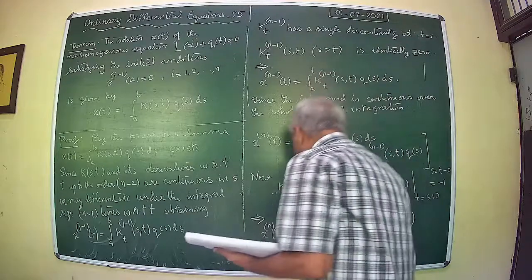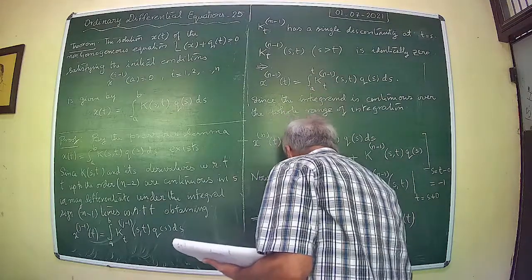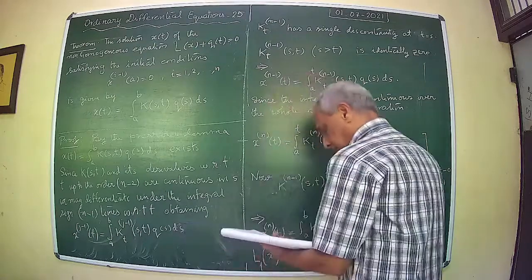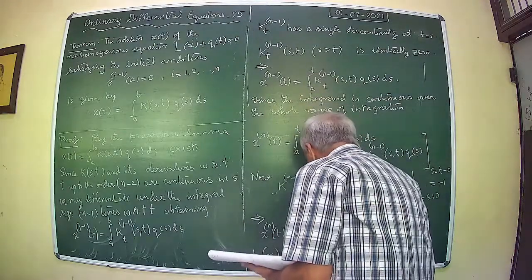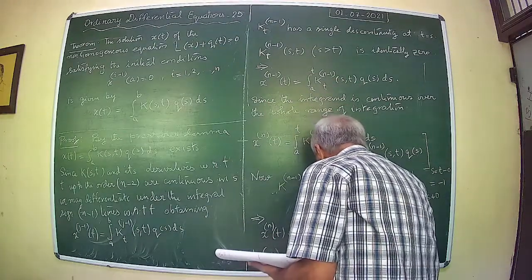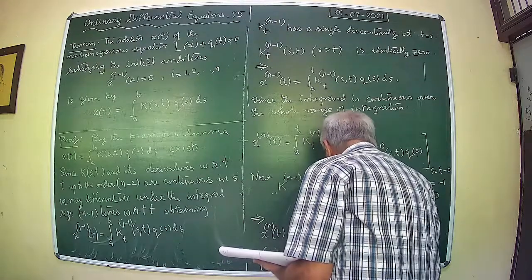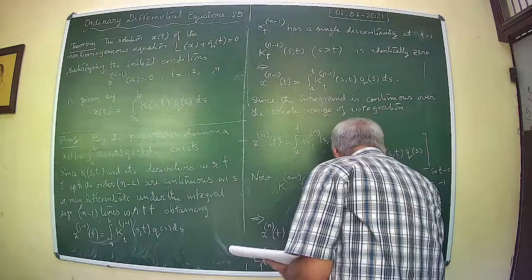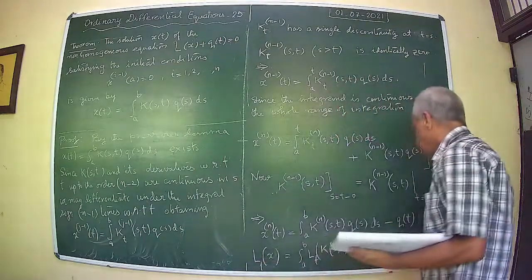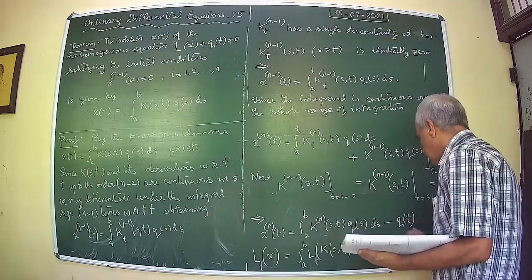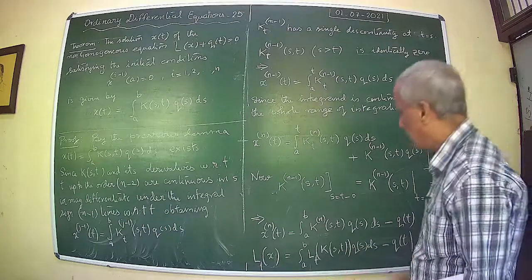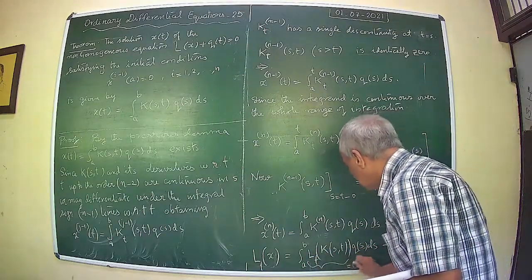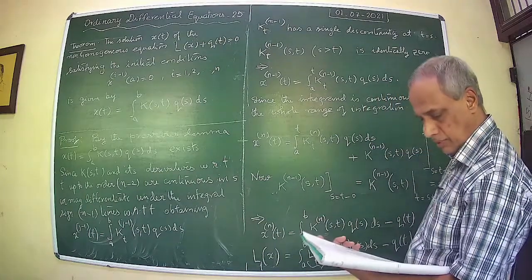So you are left with this integral from a to b of L_t k(s,t) q(s) ds. But what about this? This is equal to 0. Okay.